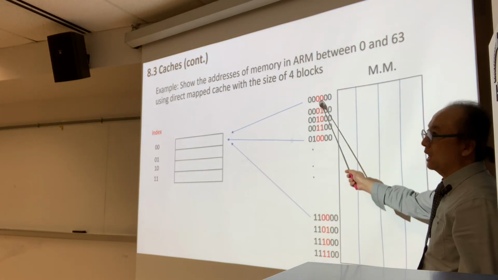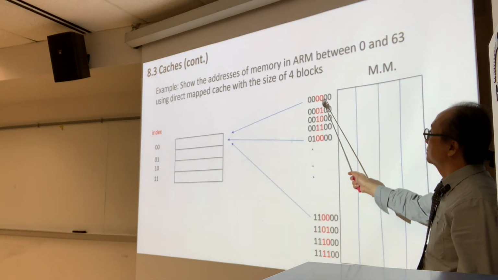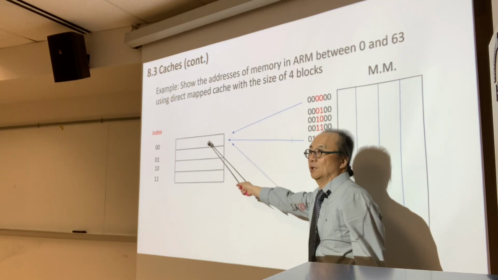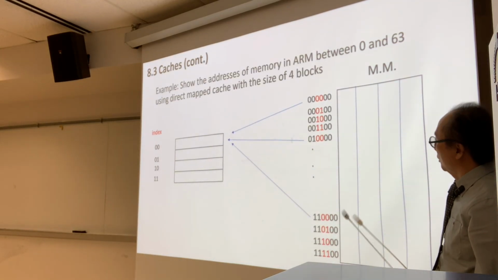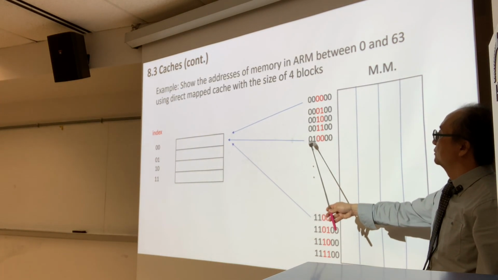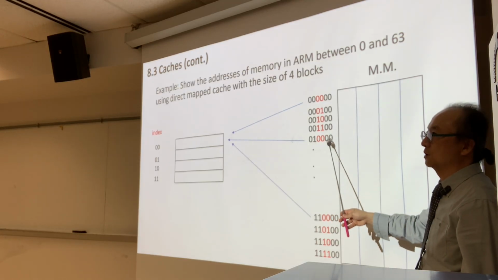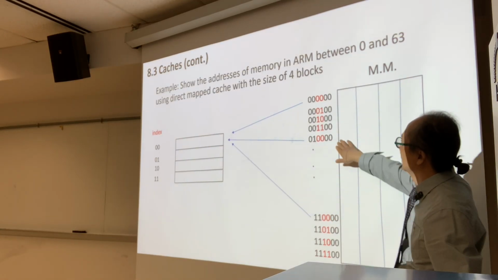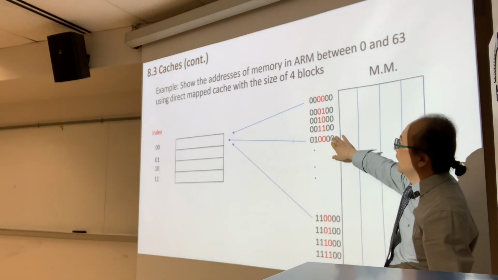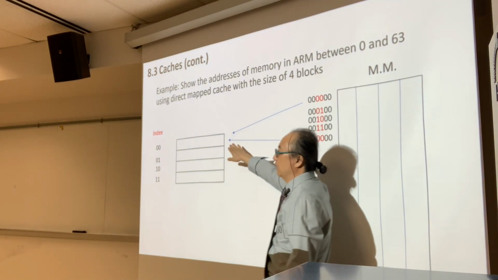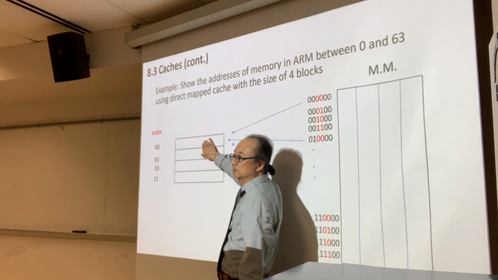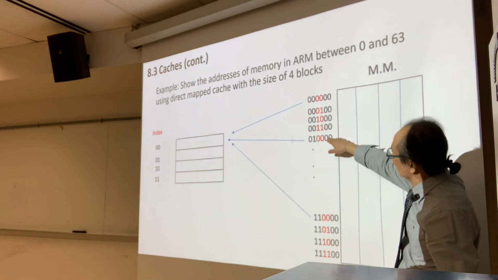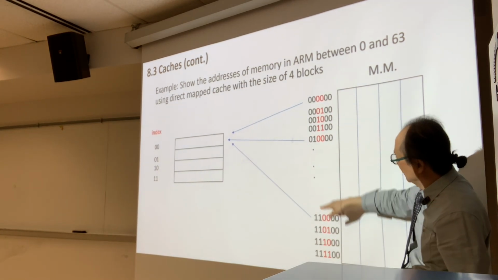Now, this one, 000000, we're going to put in here, right? And also, if you have 010000 and you need to bring this one in, then I have to replace all the value from here. Now, we have this one, and this one.